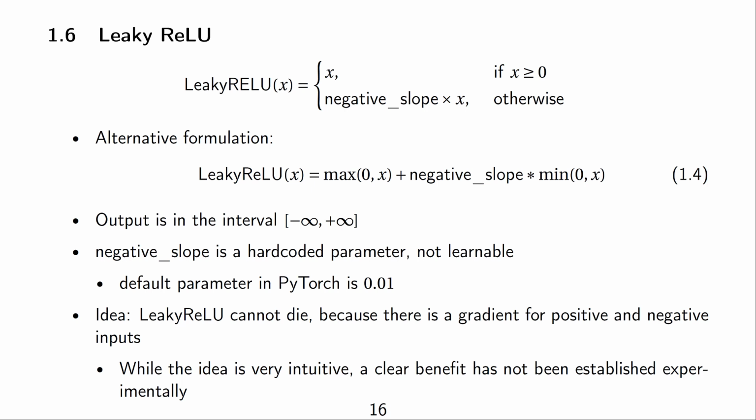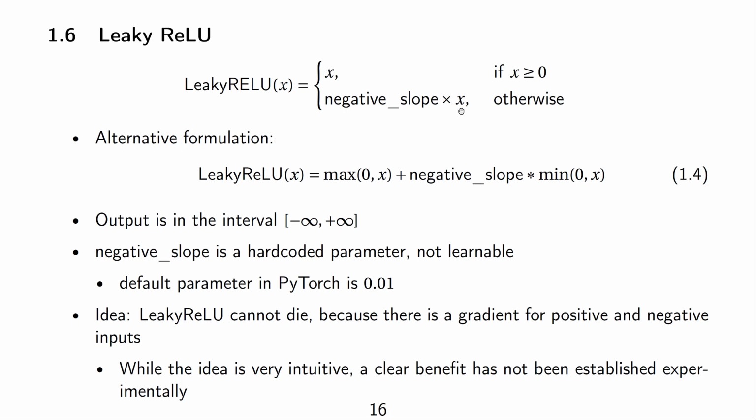Looking at the equation of the Leaky ReLU, we can see that for positive values, the output is the same as the input. So for positive values, the Leaky ReLU is identical to the ReLU. However, for negative values, the output is not 0, but it's a very small constant times the input.